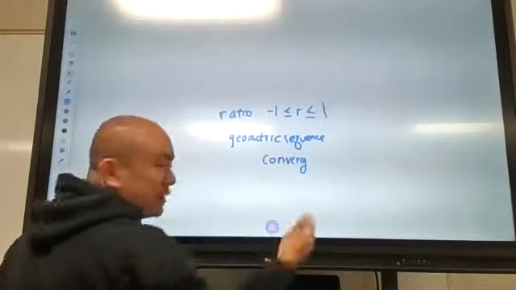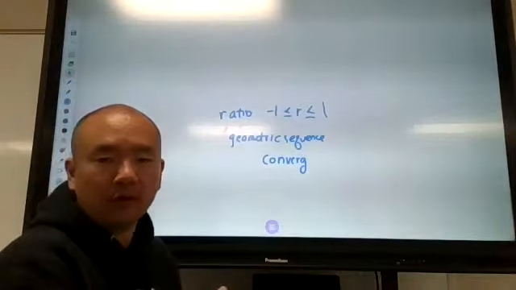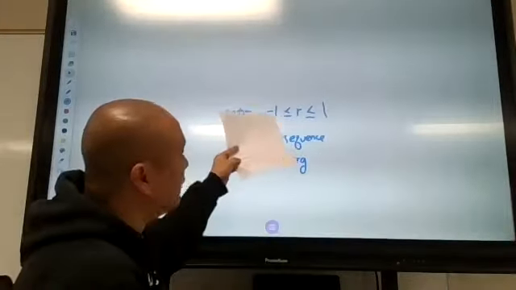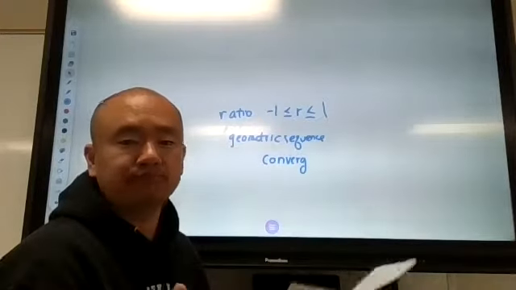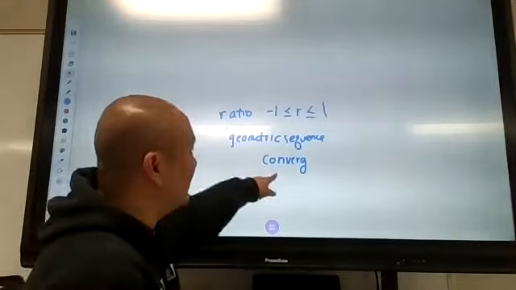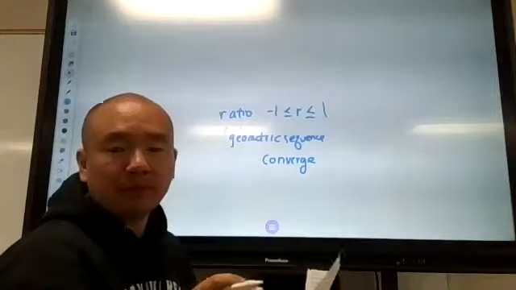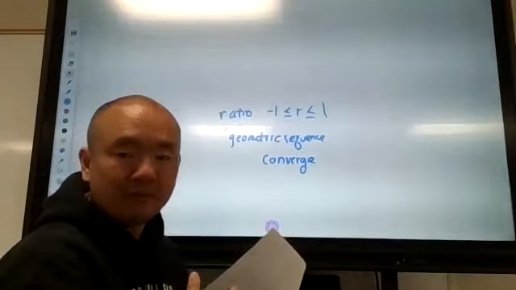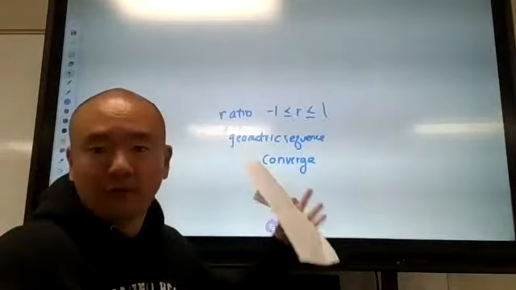So if you have a fraction that's in between -1 and 1, like -3/4 or 1/4, that means the geometric sequence is going to converge. Any other number, if a number is greater than 1 or less than -1, that means it's going to diverge. It's going to split apart and go in whatever direction.